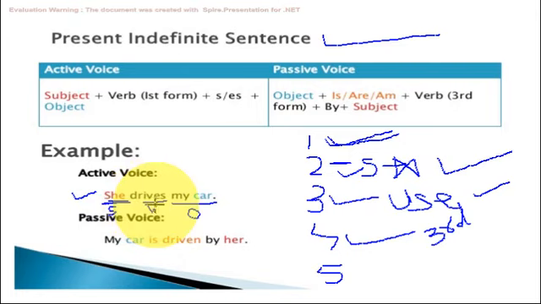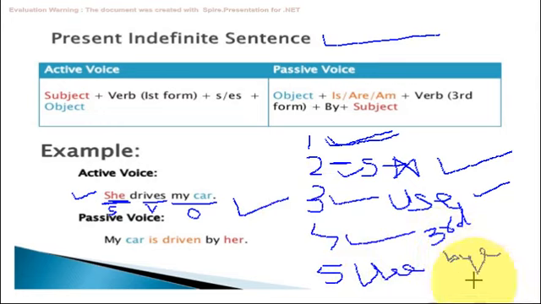So we have to use its third form to convert it into a passive sentence. Now the fifth rule is use by to show agent. It is very important. Now the rules are over here.